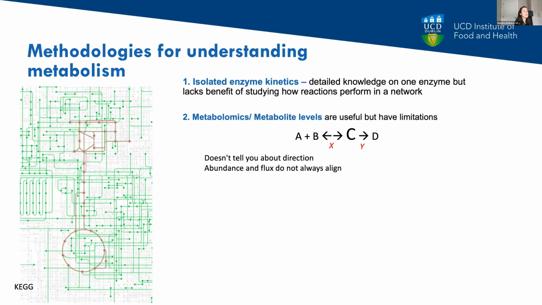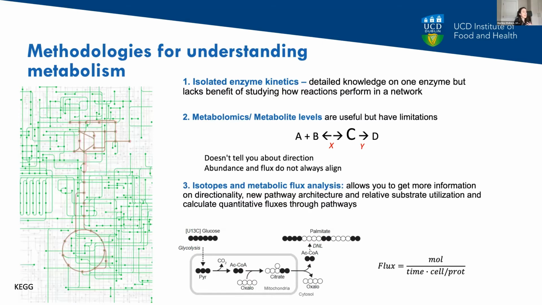And in addition to this, abundance of metabolites doesn't always align very well with flux. So you can have a pathway with quite high abundant metabolites, but that doesn't mean that the greatest flux is going through that pathway. So to fill that gap, this is where the use of stable isotope tracers and metabolic flux analysis comes in.